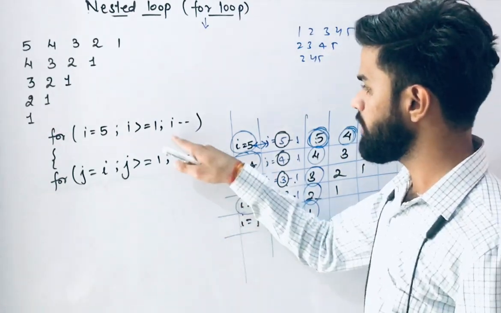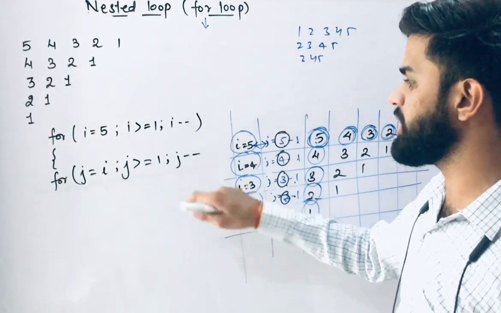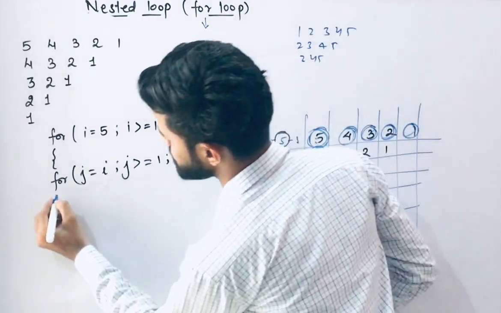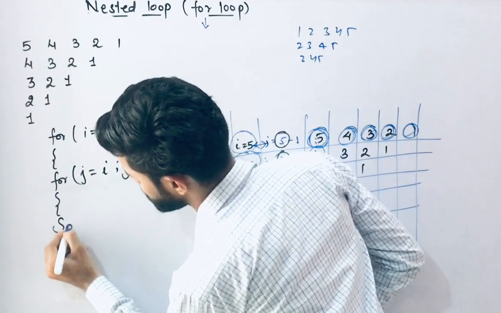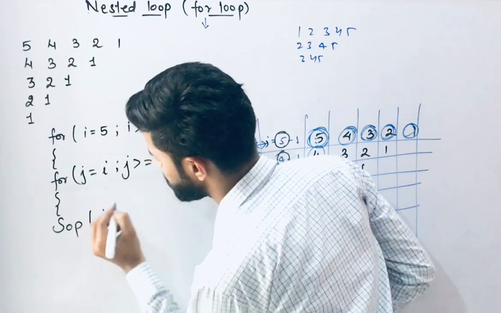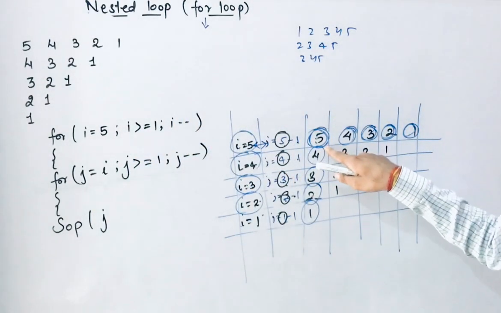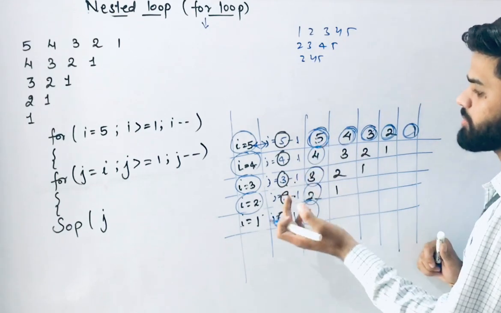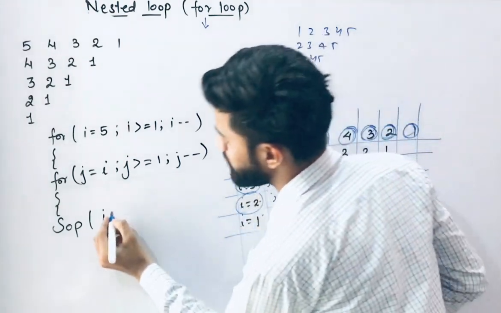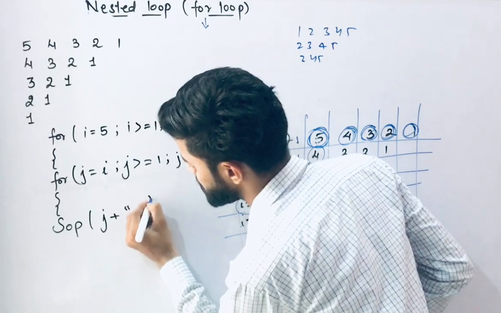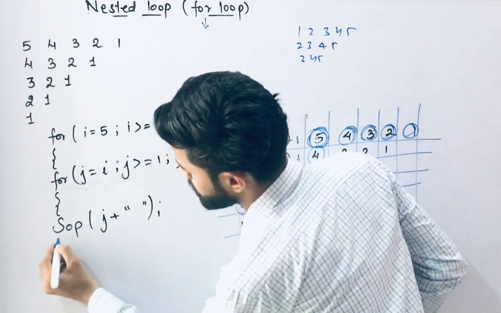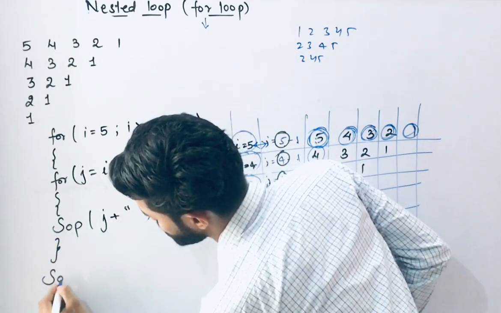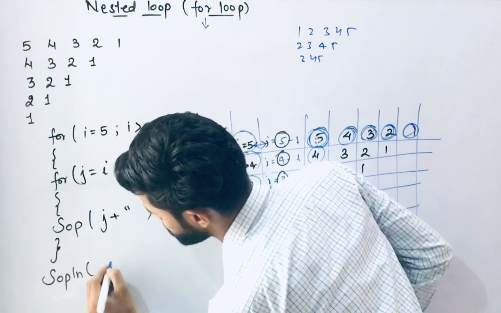Clear? So now j is greater than or equal to 1, and j minus minus. And after this, we print SOP j, and after printing the value of j, we want to give some space between 5 and 4, some space between 4 and 3. So we print a space in the same statement, and then we close this loop, and again we write SOPLN.